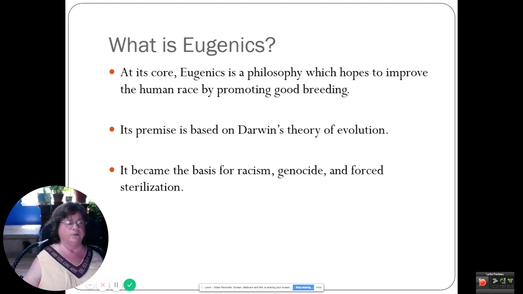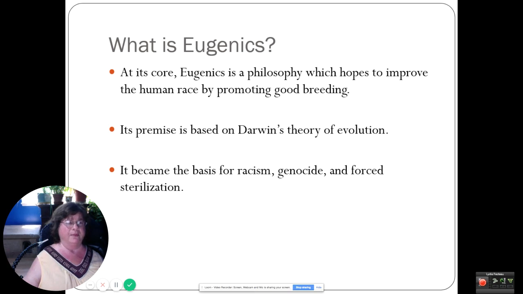It means that it hopes that the human race will become richer, smarter, stronger by promoting people that were considered well off, that were considered beautiful, that were considered healthy. It would promote them having children. So that's a more positive approach, but that's its basic core belief.